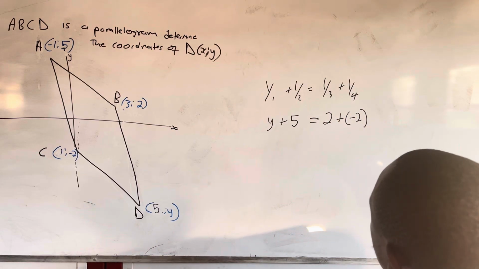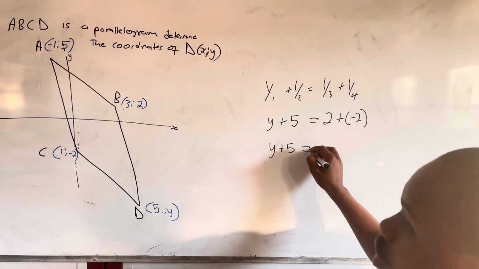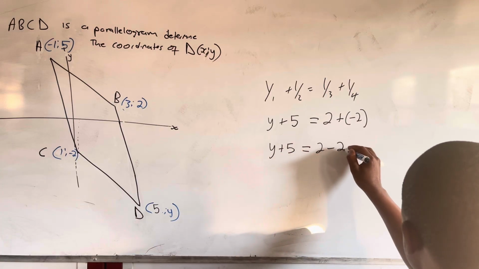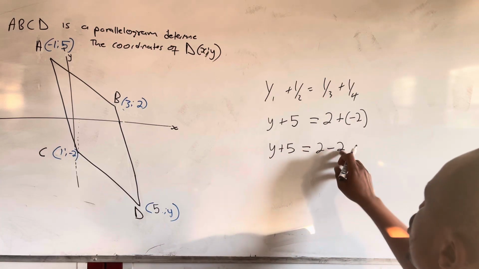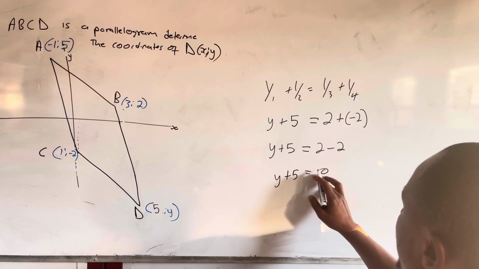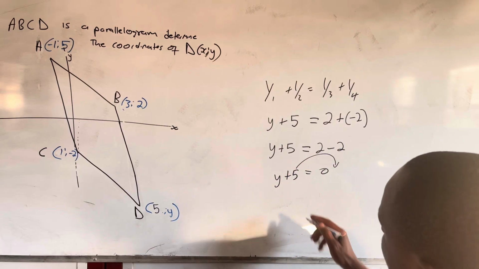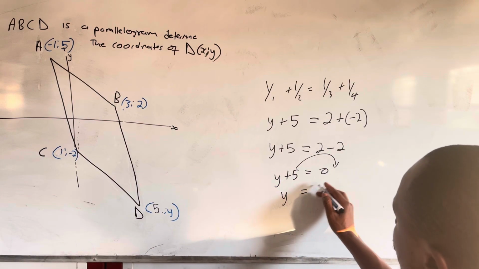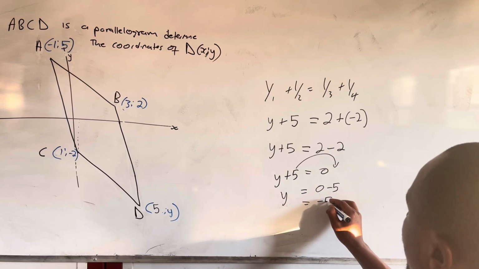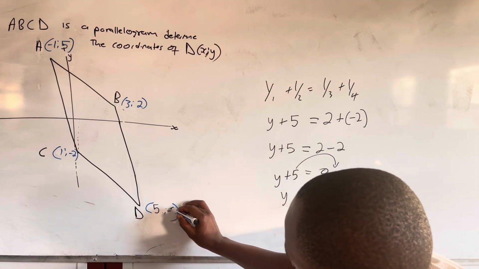So now you can say this is y plus 5, which is equal to 2 minus 2, which is 0. So you have y plus 5 equals 0, and then you take 5 to the right hand side, and you remain with y equals 0 minus 5, which is negative 5. It means our y here is negative 5.